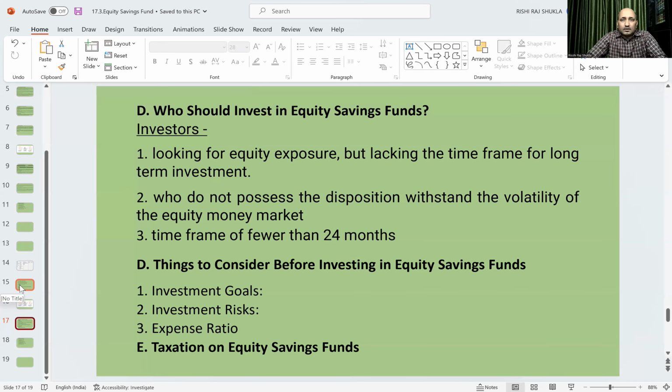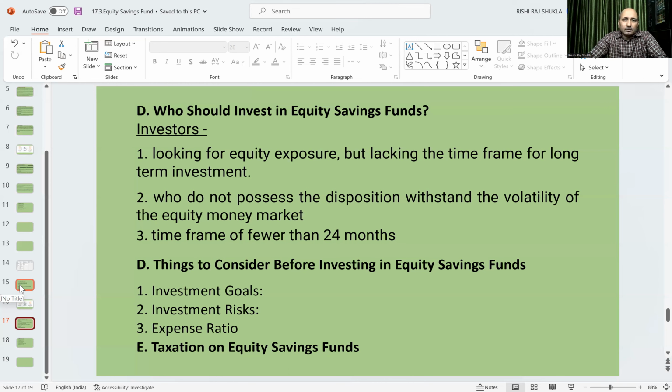If you are redeeming before 1 year, then you have to pay 15% on capital gains. If it is more than 1 year, then 10% on capital gains, provided the capital gain is more than 1 lakh. Up to 1 lakh is tax free.